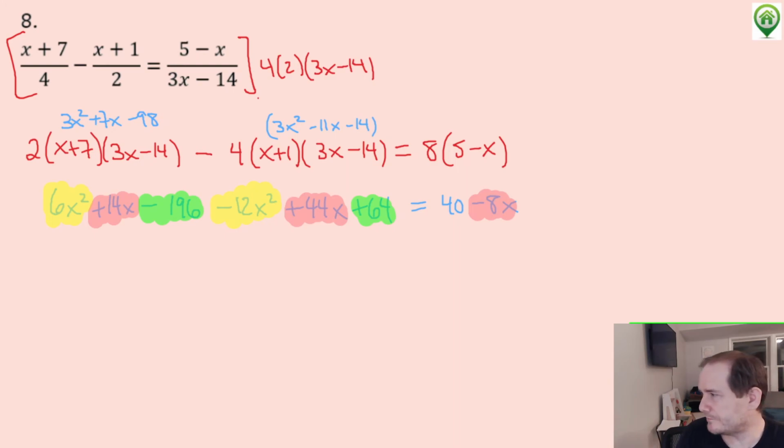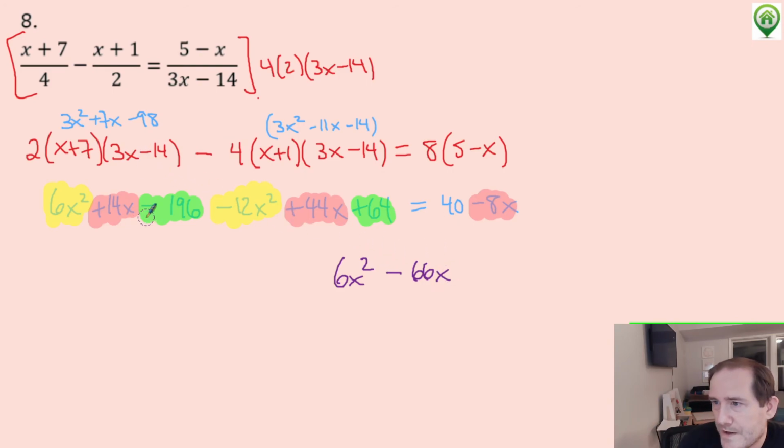Okay, so actually, when I combine these, I'll have negative 6x squared, so I am going to want to add that to the other side to have a positive 6x squared. That means everything else is going to come to the right as well. So we've got what? 58 x's. We're going to be subtracting 58 x's, so we'll have negative 58 means 66. 58, yeah.